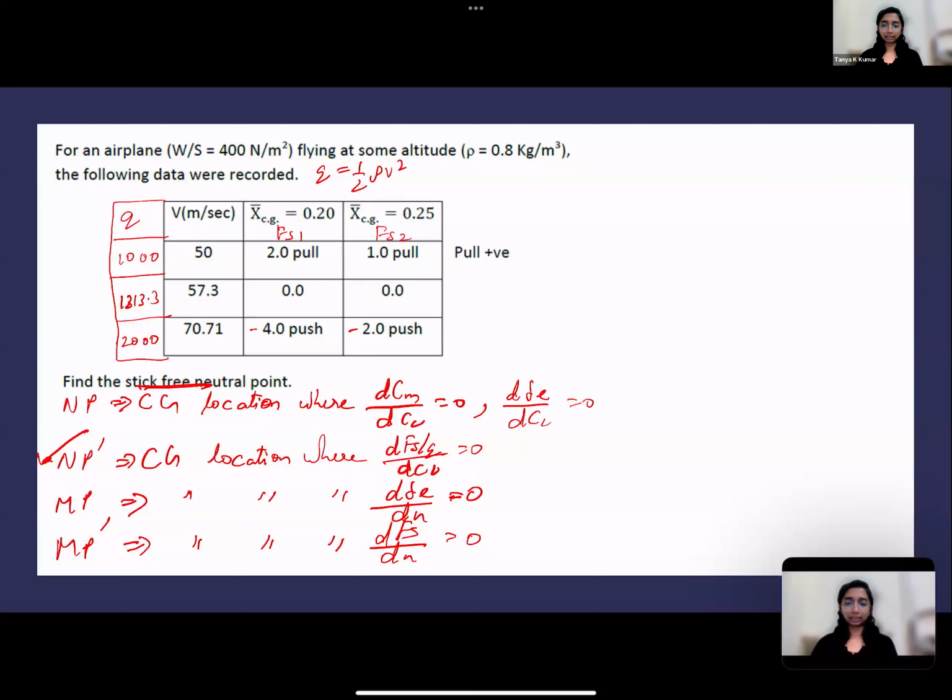CL value. All right, let's find CL. Add another column.